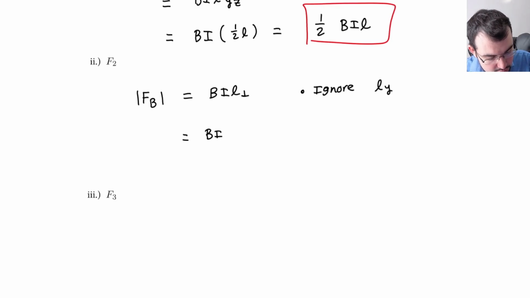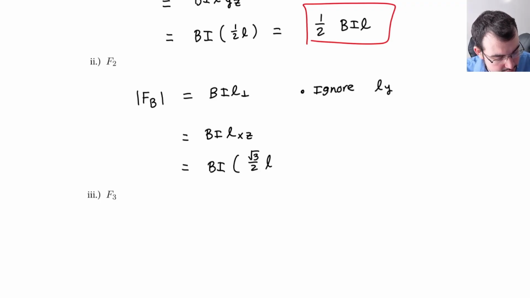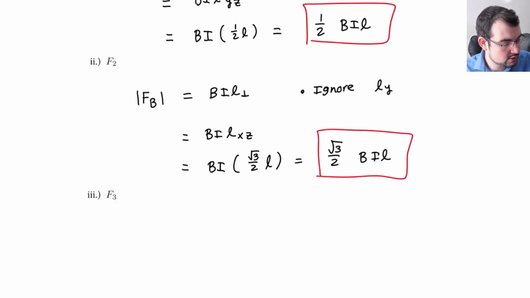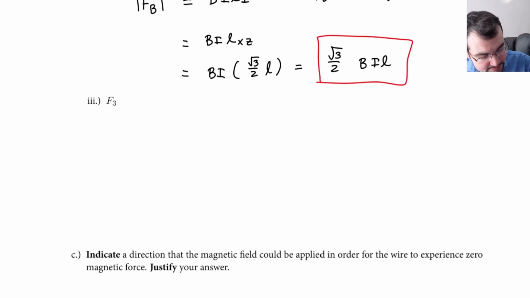So we do BIL in the X or Z directions, and that would just be the length in the X direction, which was root 3 over 2 times L. So we get root 3 over 2 of a BIL. And again, that is greater, right? Because we have a numerator of 1 here and a numerator of square root 3 here, and square root 3 is bigger than 1. And then for F3, F3 would be the same idea.